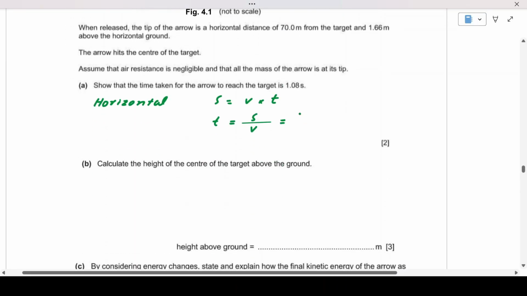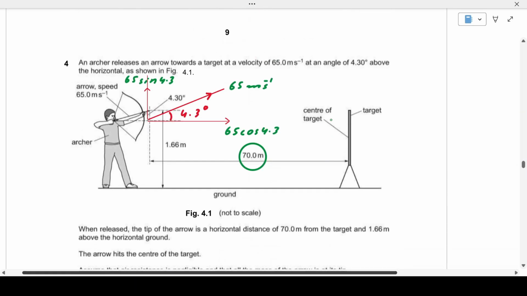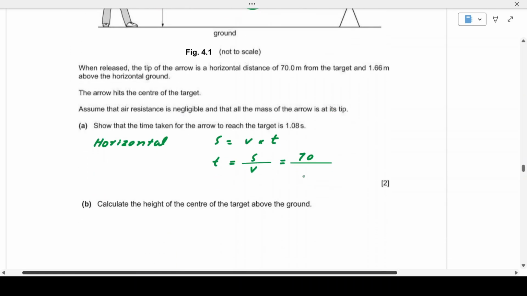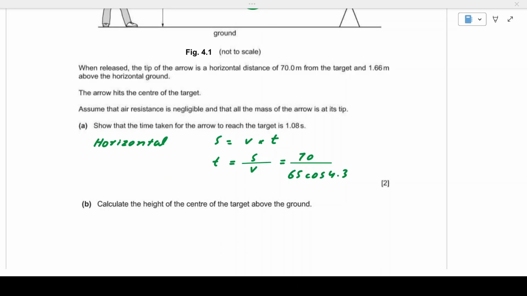Displacement equals 70, divided by the speed. The horizontal speed is given as 65 cos 4.3. Whatever the answer of this is would be your value of time, which should be 1.08.